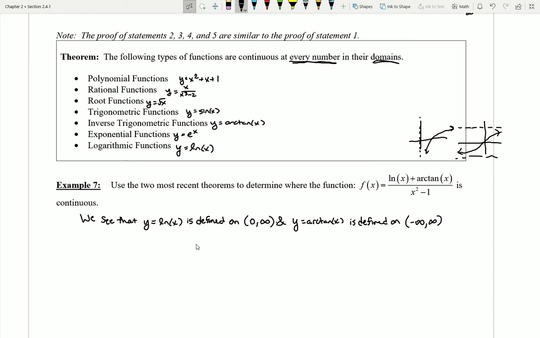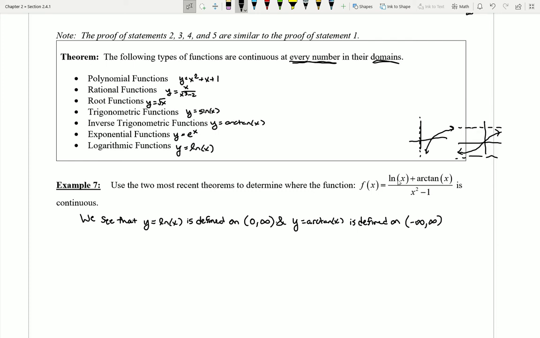Okay, so if I put this together, I can see here that there are only going to be a couple problems in the top of my fraction. I am apparently allowed to plug in any positive number I want, and the top of my fraction will always produce a value. I just have to be careful about plugging in 0 or negative numbers, because that would make the natural log not be able to spit out an answer.